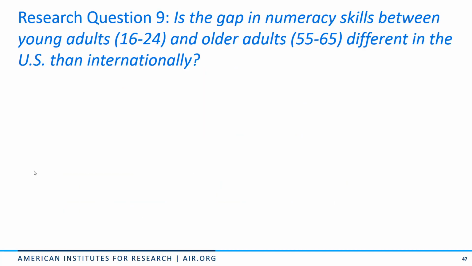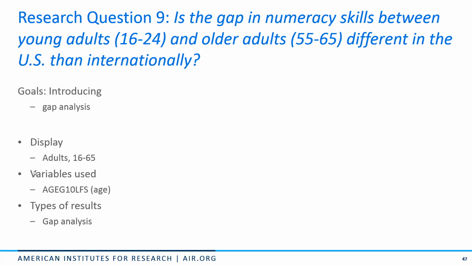Now, we will go over a scenario demonstrating how to use the gap analysis function in the IDE. This scenario will look at the question, is the gap in numeracy skills between young adults 16 to 24 and older adults 55 to 65 different in the U.S. than internationally?